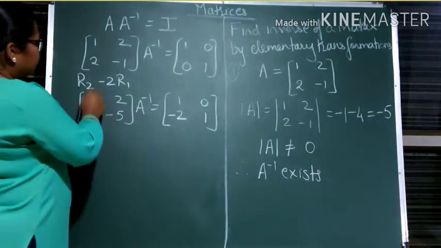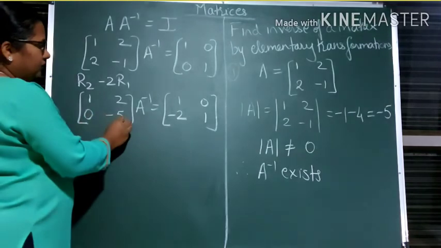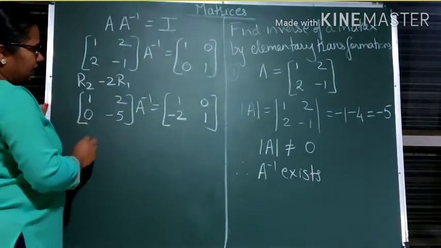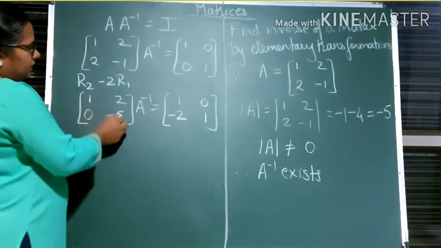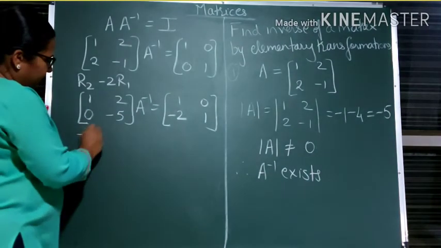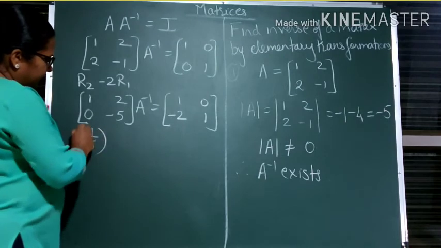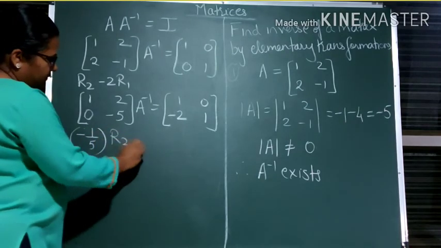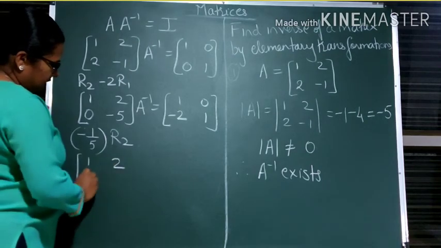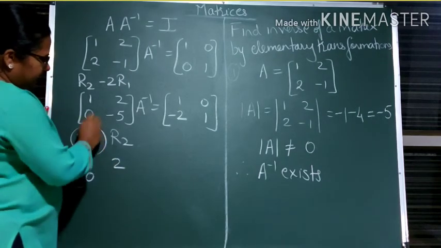Now this is converted to 1, this is 0. Now we have to convert this element to 1. How do we convert this element to 1? You cannot use any other operation except scalar multiplication, which we have studied. So minus 1 by 5 into R2. This operation we will use here. So 1, 2, 0. 0 into anything is 0.